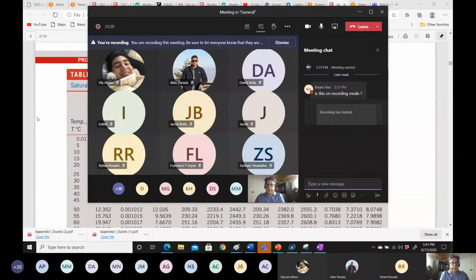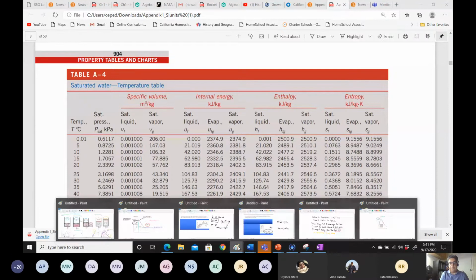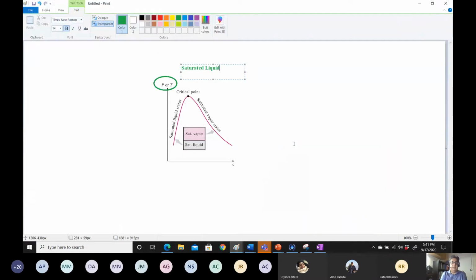Therefore, these are not independent properties. This is not two independent variables. P and T are dependent for saturated. And remember, whenever we define a state, remember I went over the states 1 through 5, the conditions when we were taking water from cool water all the way to superheated vapor.